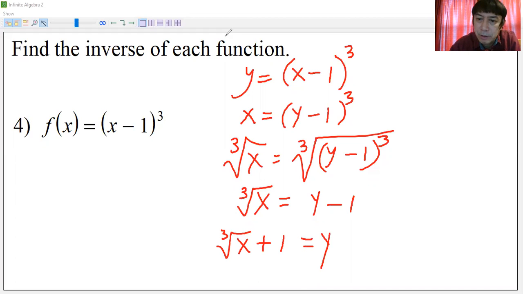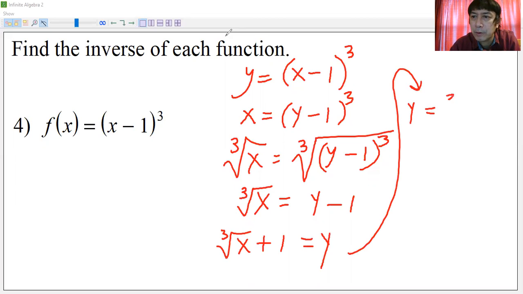And so we write this y equal to the cube root of x plus 1. And then we replace the y with the original letter, and in this case, it's f of x. We shall write f of x, the indication of inverse with a negative 1, like that.